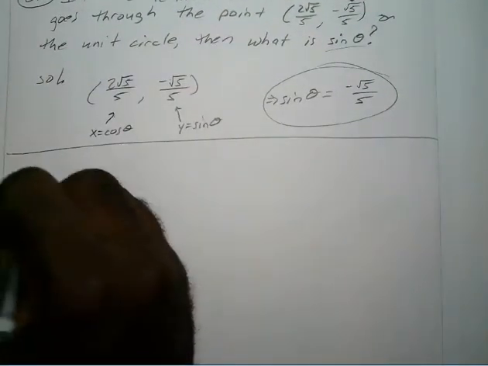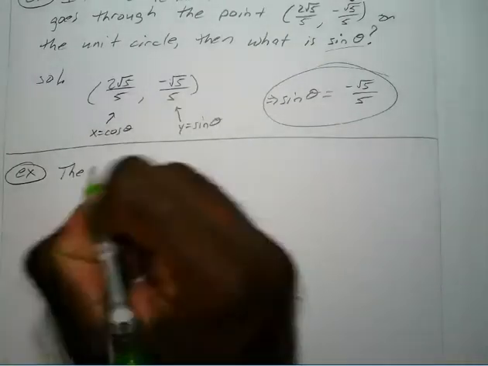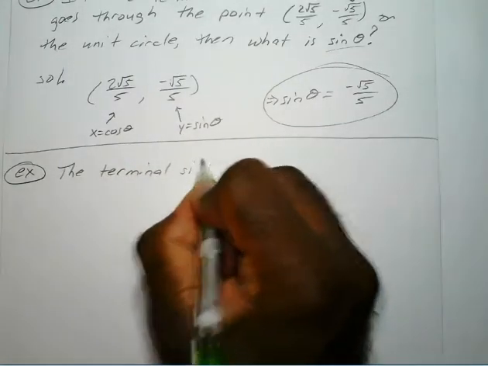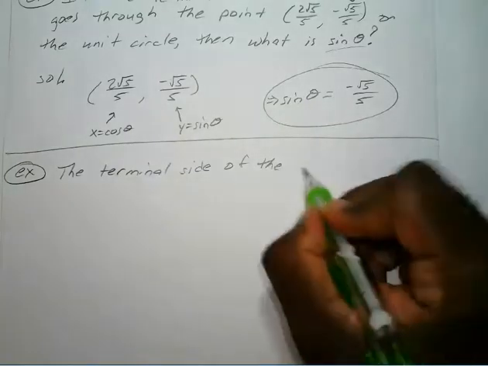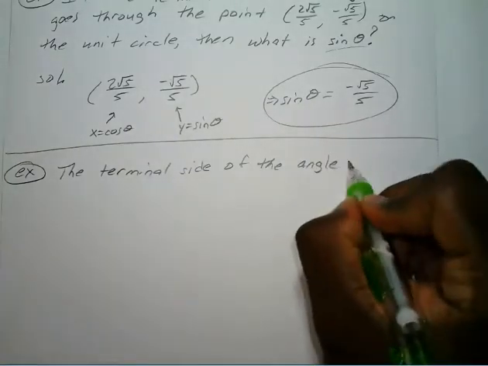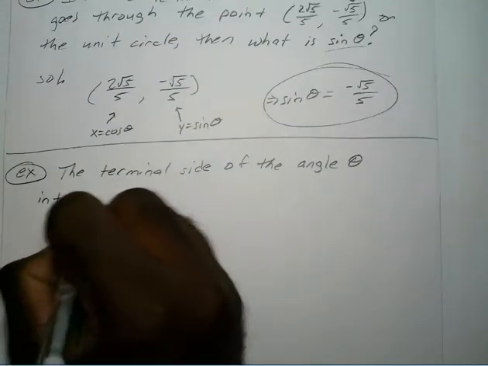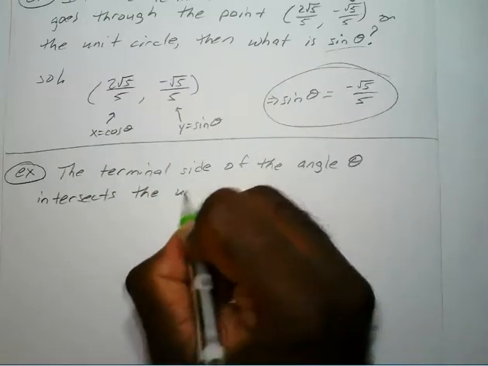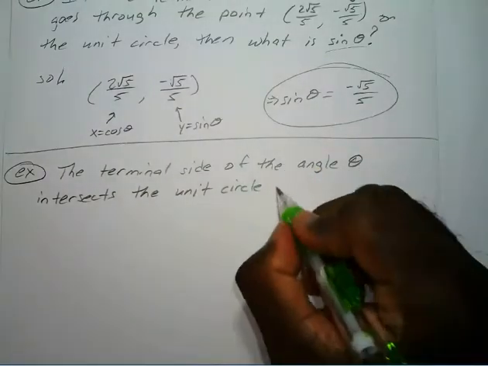Okay, so for this example, what if we let the terminal side of the angle theta intersect the unit circle in the first quadrant?